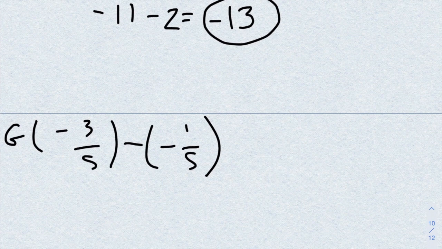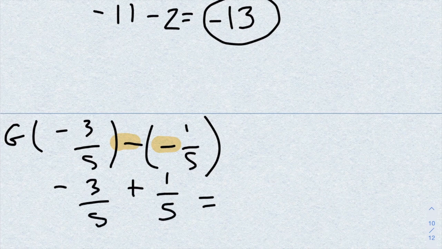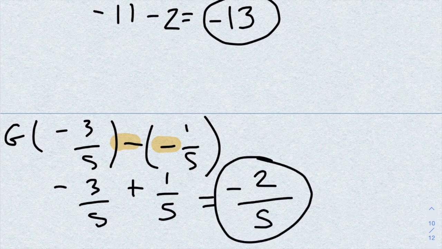Okay, I have a fraction. So I have minus 3/5 minus minus 1/5. I have two minuses in a row. That tells me it's a plus. Minus 3/5 plus 1/5 gives me minus 2/5. And I know it's negative because my bigger number that I'm adding together is negative.